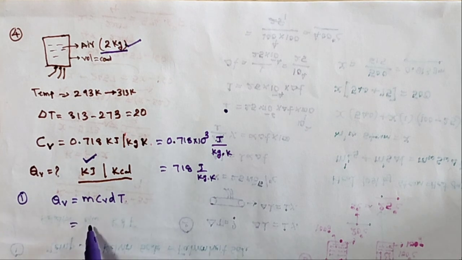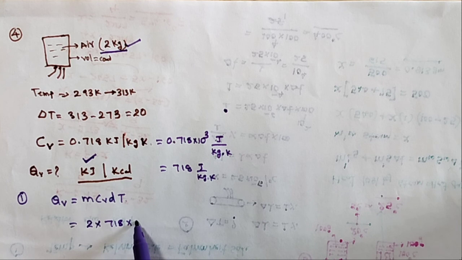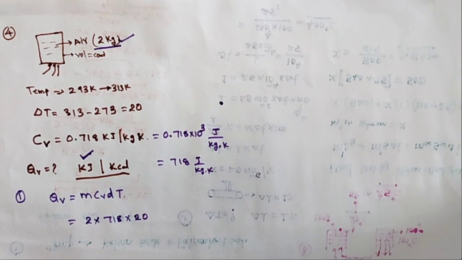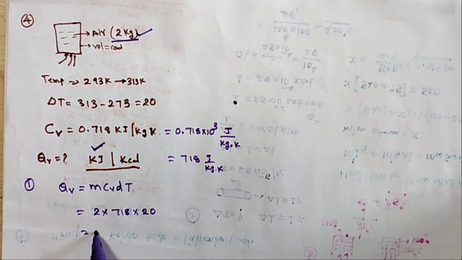Substitute. m is 2. C_V is equal to 718. Delta T is equal to 20. So the total value is 28720 joules. But I want kilojoules.